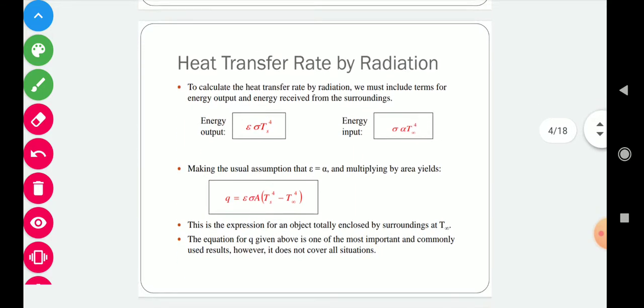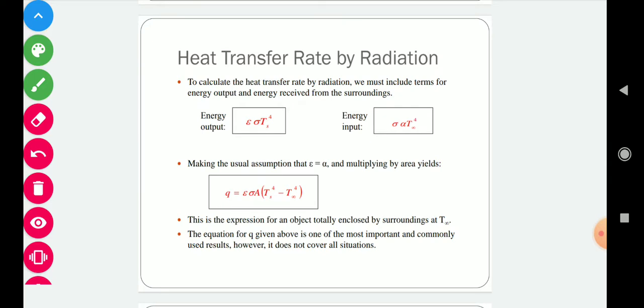Now, if we want to calculate net heat transfer, if heat transfer occurs between two objects, then this is not one-sided heat transfer, but net heat transfer, because both bodies emit thermal radiation, and the net amount of heat transfer will be equal to the difference between the total radiation emitted by each object. So, to calculate the heat transfer rate by radiation, we must include terms for energy output and energy received from the surroundings.